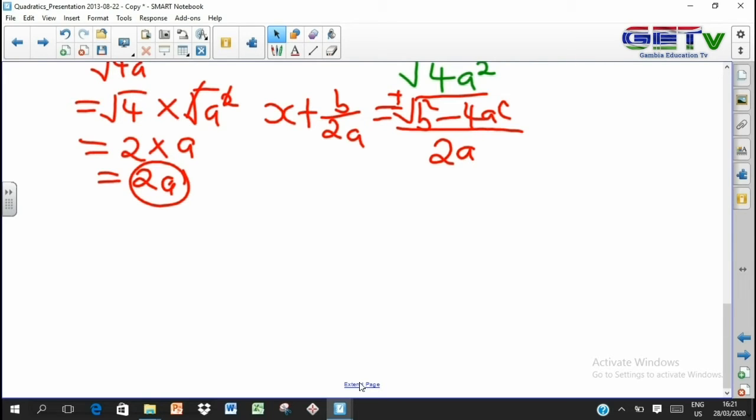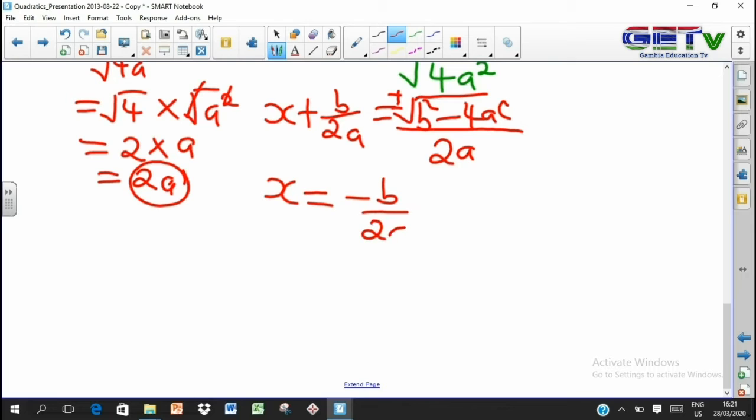So we have to make sure that we transpose b over 2a to the right-hand side of the equation, and that will help us to get the formula. How are you going to do that? We have x equals to, I said we are going to transpose this, and that will give us, remember the sign here is positive, so when you transpose it, it's going to be negative b over 2a.